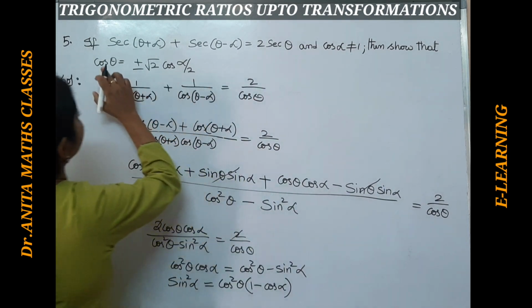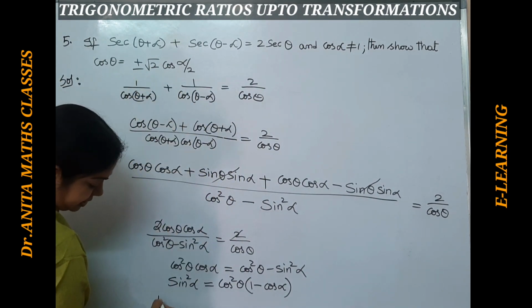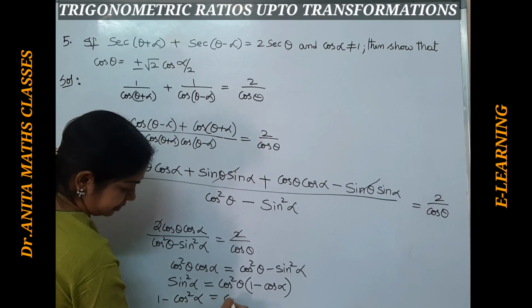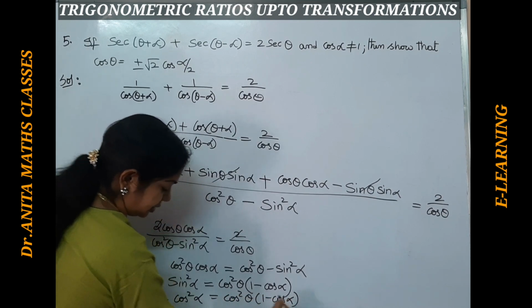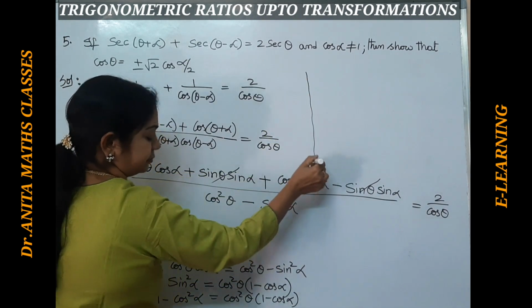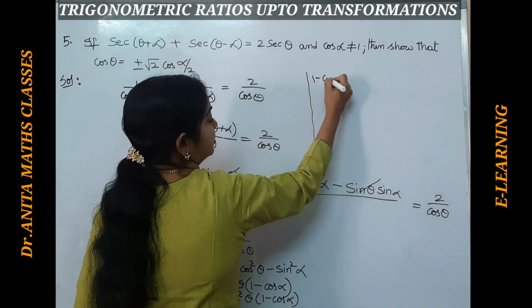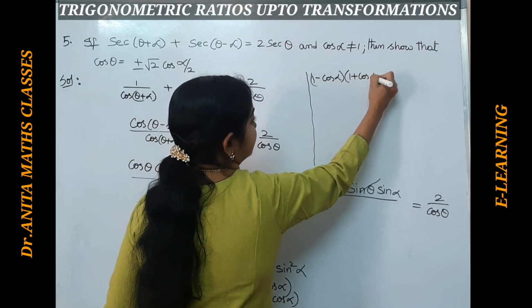Here we have to prove cos theta is equal to under root this. 1 minus sin square, I can write it as 1 minus cos square alpha. We can write this as sin square. Okay, let's bring everything into cos here. I'll write it here. Now 1 minus cos square, like a square minus b square, if you expand, so a plus b into a minus b here.